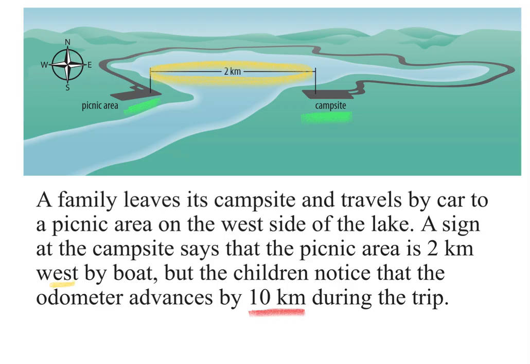So in this case, I have to be extremely specific. If I am going to say my displacement, I need to give a direction. And so I either need to say 2 kilometers west, or I need to say -2 kilometers, meaning that I went west that direction.